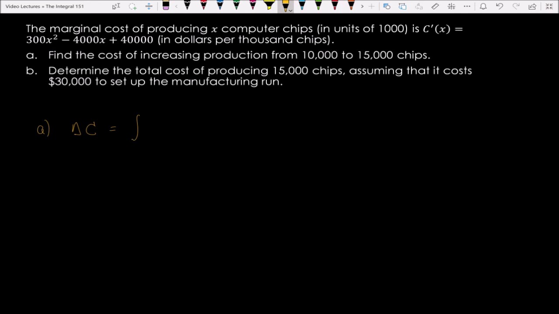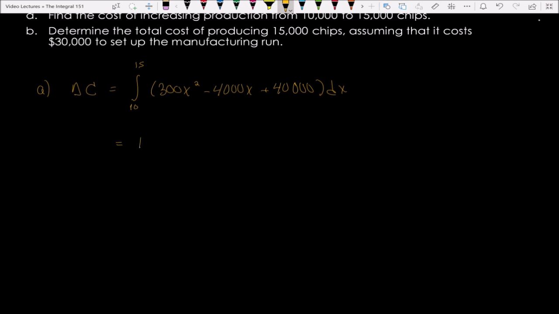This is the integral from 10 to 15 of 300x squared minus 4,000x plus 40,000. We'll get 100x cubed minus 2,000x squared plus 40,000x evaluated 10 to 15. Right, because remember x is being measured in thousands of units.